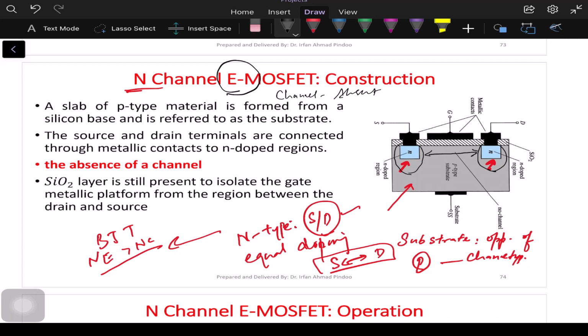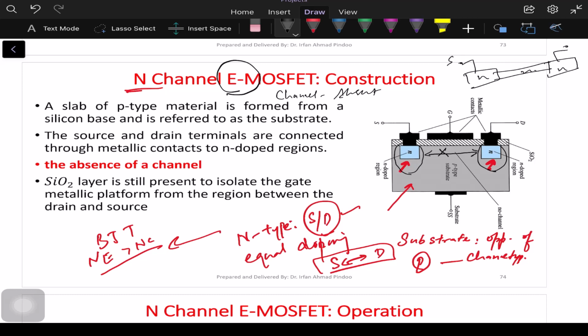This will be more clear once you see the depletion MOSFET. In the depletion MOSFET, you will have N doping for source and drain, and in between also we will have one channel of N. So that is a depletion MOSFET. But here we have no channel, so it is called an E-MOSFET, enhancement mode.